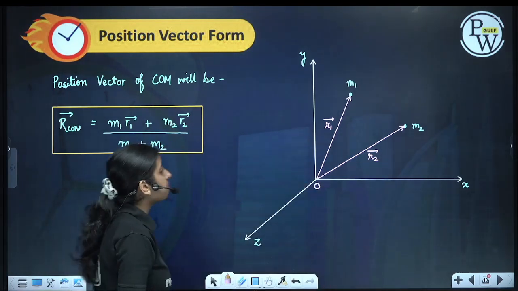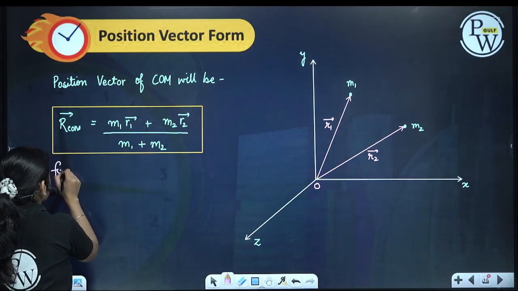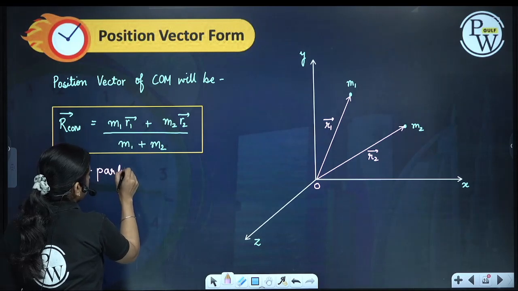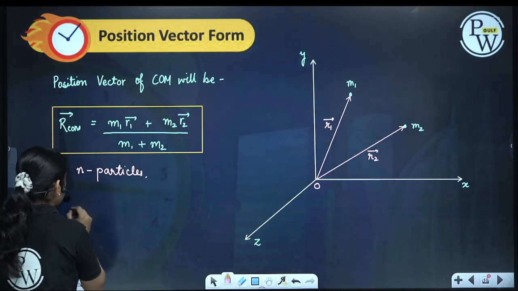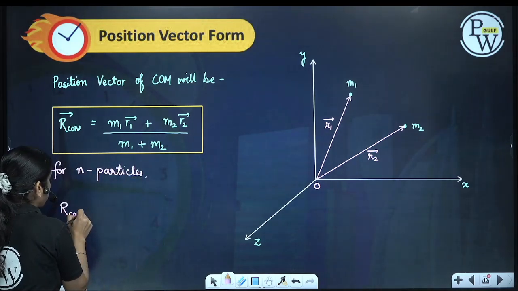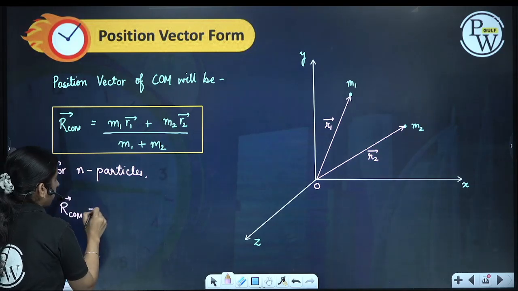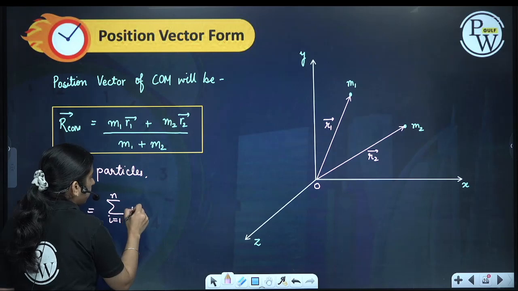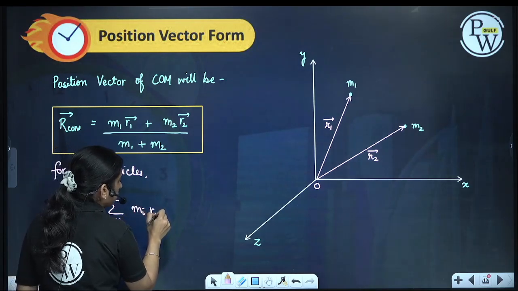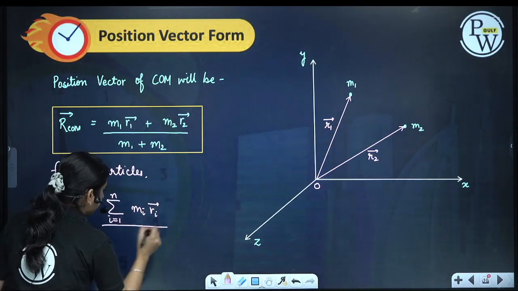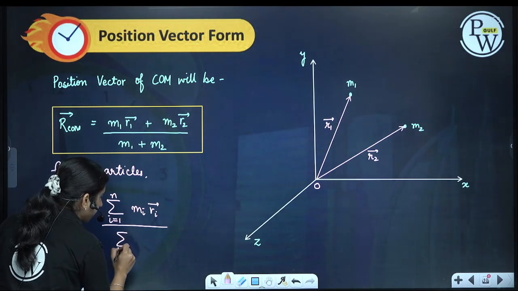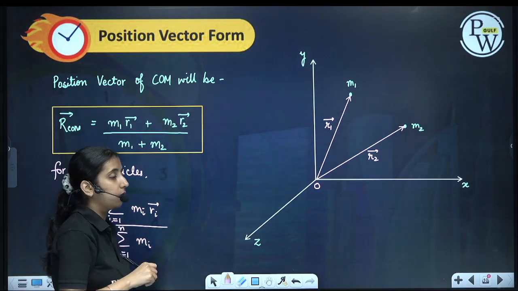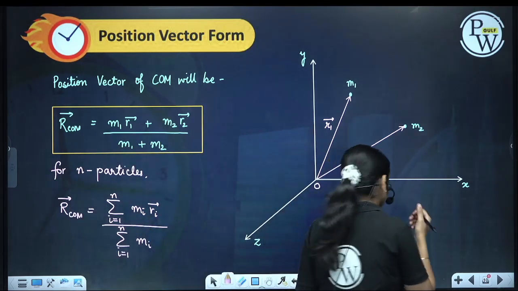Suppose we have n particles. For n particles, what will be my R_COM? R_COM will be summation i goes from 1 to n of mi into ri, divided by summation i goes from 1 to n of mi.